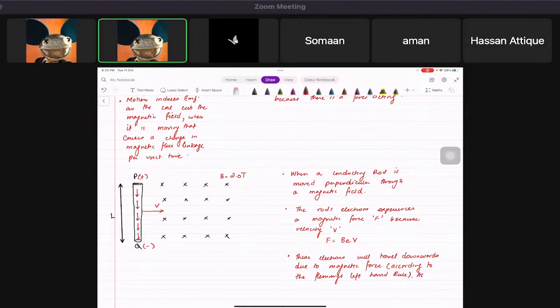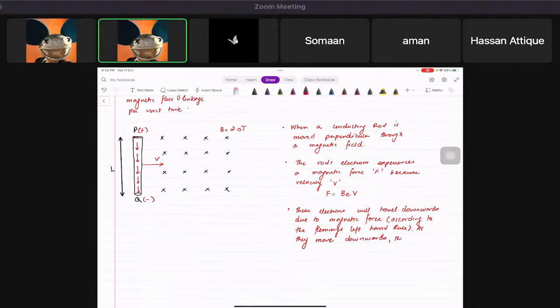As they move downwards, there is a drift inside the rod that makes the rod's one end positive and the other end negative.